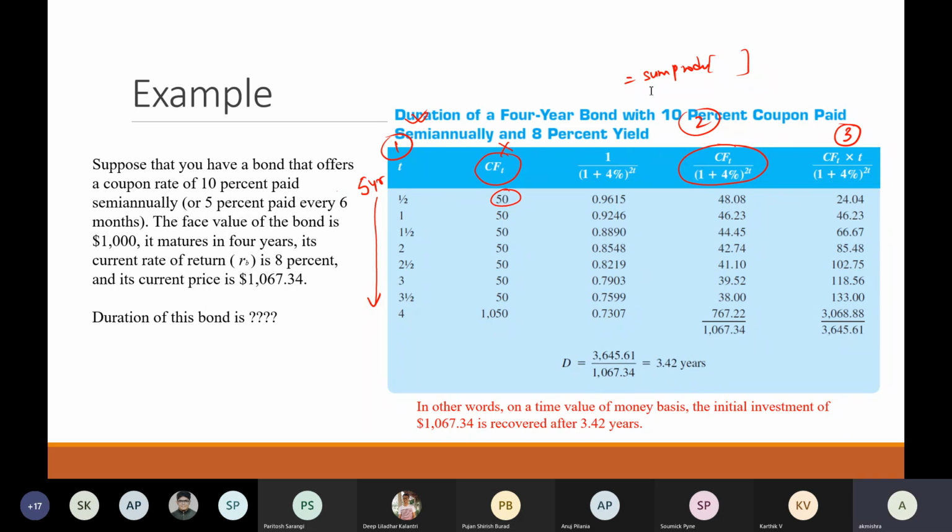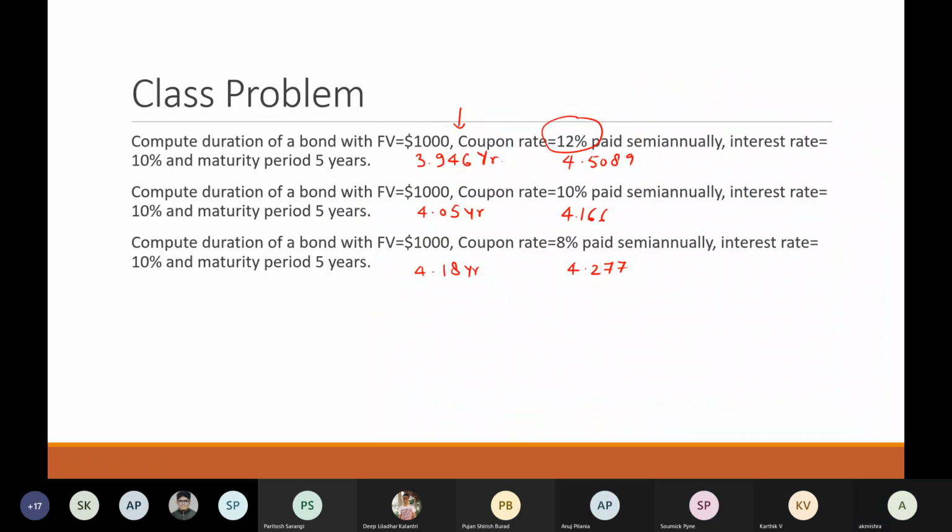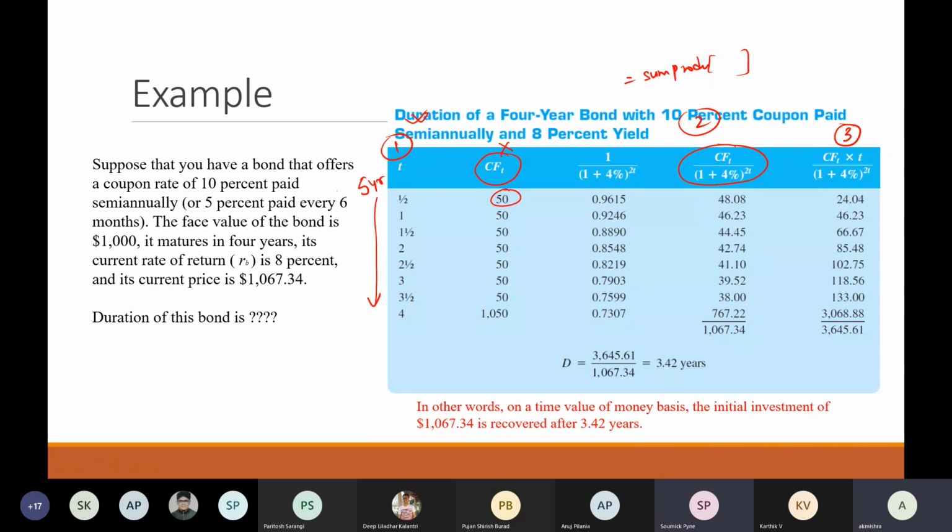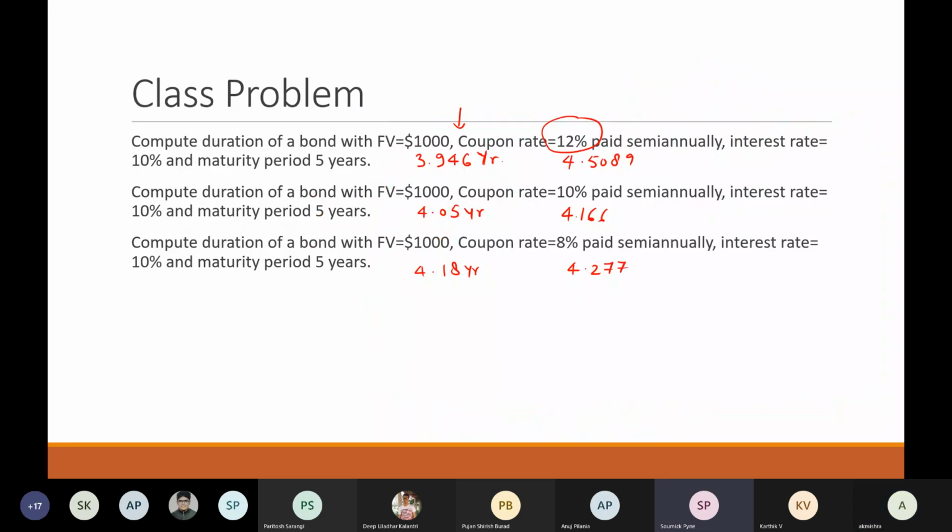So if you are done, you can raise your hand so that in today's session, we will be at least clear with the duration concept and its calculation. Sir, for first one, I got 3.96.